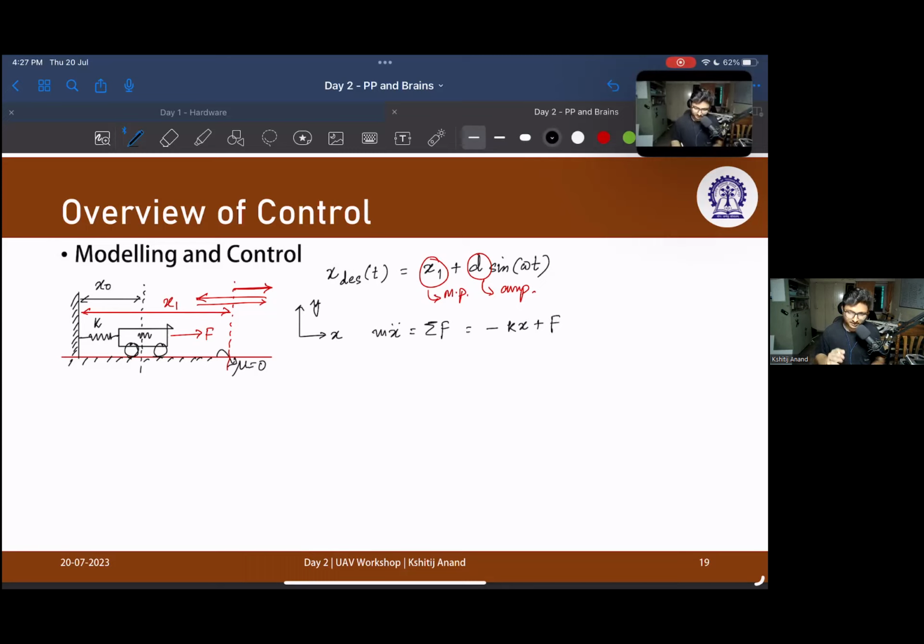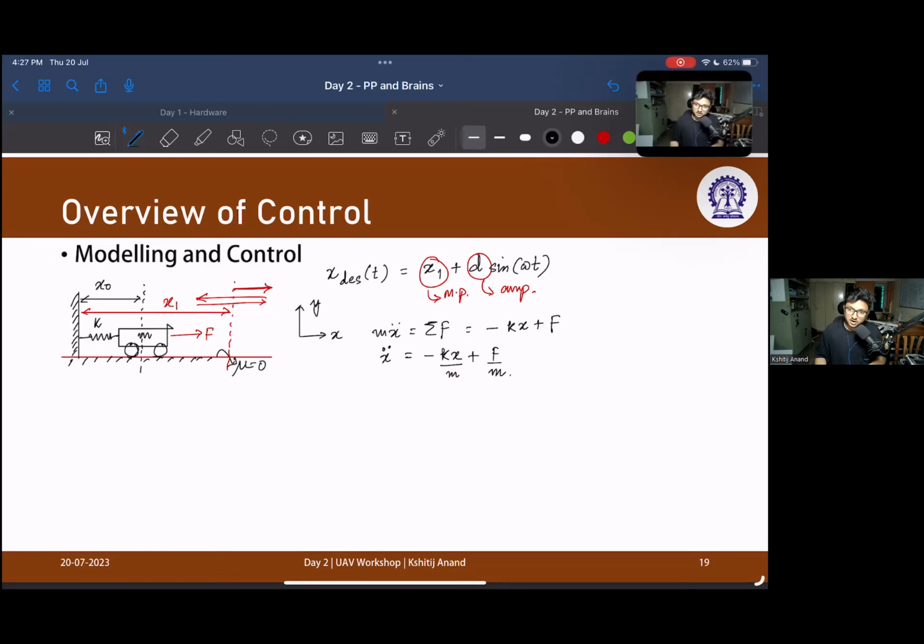We are not concerned about friction and weight. Weight is in the perpendicular direction, and friction does not exist. So now x double dot is minus kx by m plus f by m.